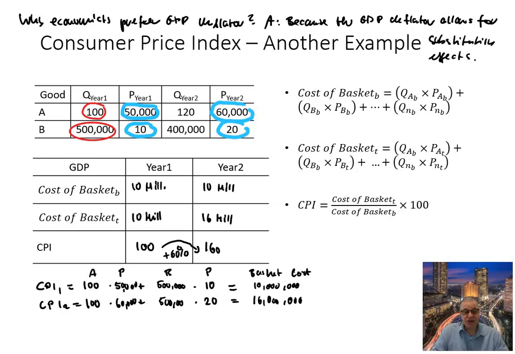So as a result, very often the consumer price index, or inflation based on it, overstates inflation because it ignores the fact that people move from the more expensive goods to the relatively cheaper ones, but those substitution effects are easily tolerated within the GDP deflator calculation and the corresponding inflation.